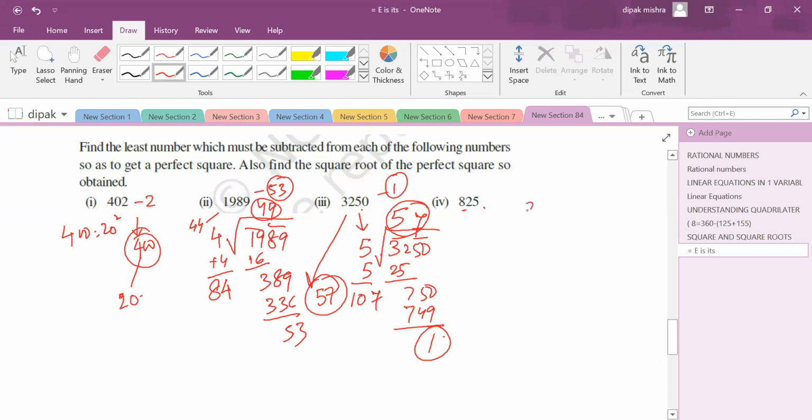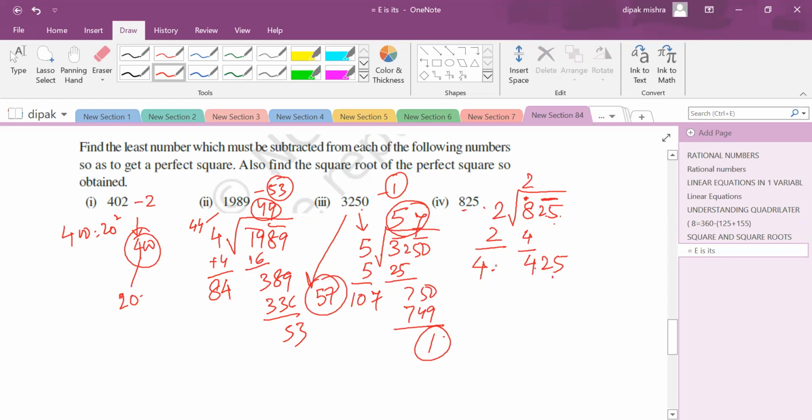Okay, not a problem. So 825, so you get 2 and this 8 is alone. So you can do it like this. Take pairs of 2 and 5 as 25, and take this 8 as a single digit. 2 times 2 is 4, right? 425. So 2 times 2 plus 2 is 4. So what should we place over here so that it becomes just less than 425?